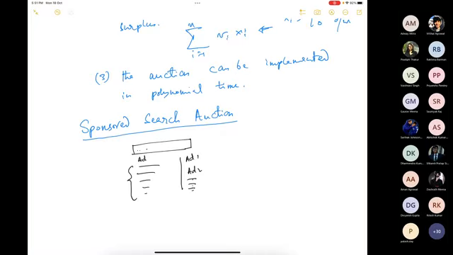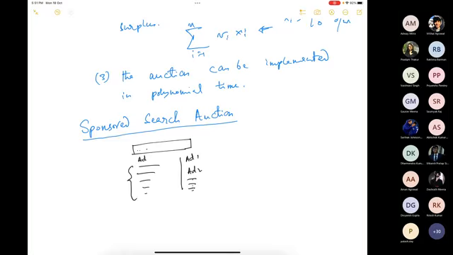And see the computational requirement here: which ads to be shown in which slots must be computed in the time from when the user types the keyword, and within a fraction of a second the results will come. Within that time, the system has to decide which ads to show in which slots.